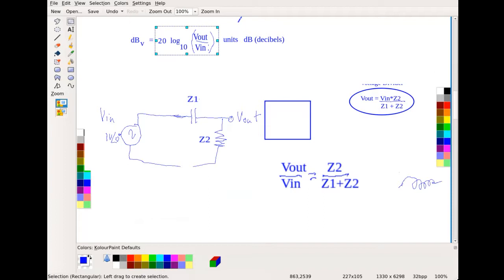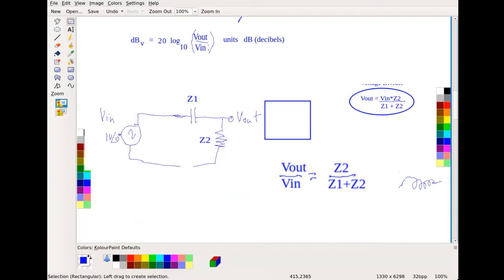And so we're really looking at the physics of the circuit, which is defined by your impedance here, Z1, and your impedance here, Z2. We can look at that.